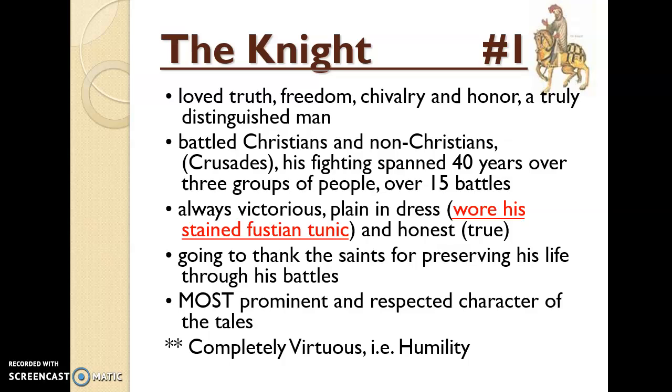But again, we do see him being plain in dress as potentially satirical because he is high in society, and he is very respected, and he is able to dress in very vain clothing, but he decides to dress very plainly. So this is the knight. Again, he is completely virtuous, doesn't really represent any sins. You could potentially make the argument for vanity, but like I mentioned before, he shows up to Canterbury very plain in his dress.